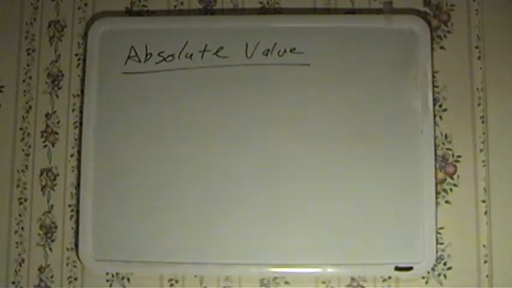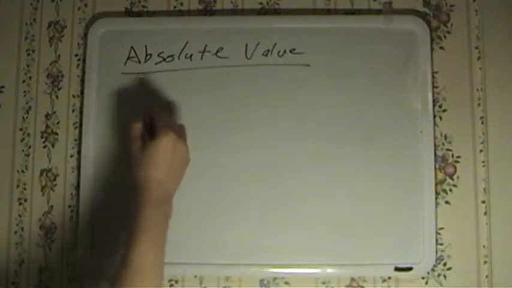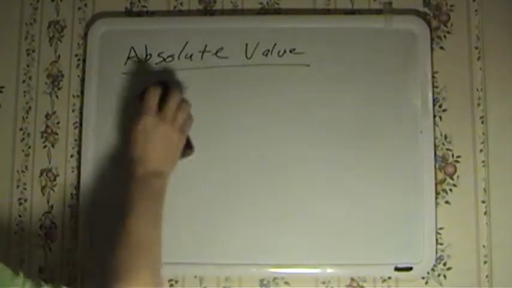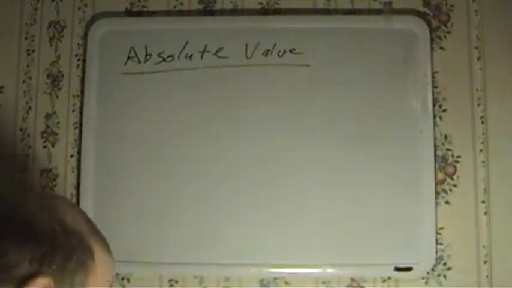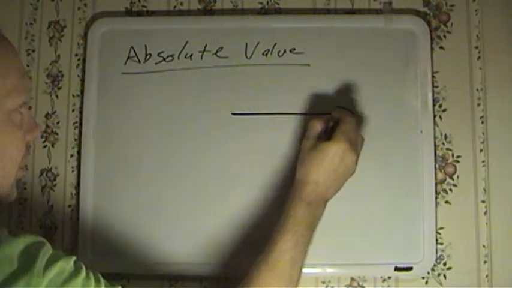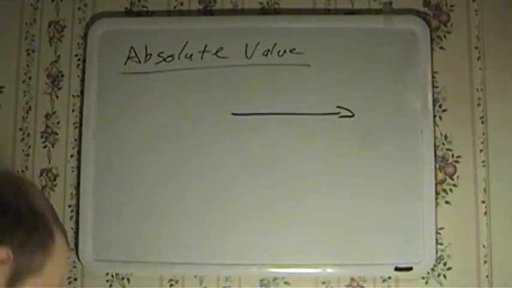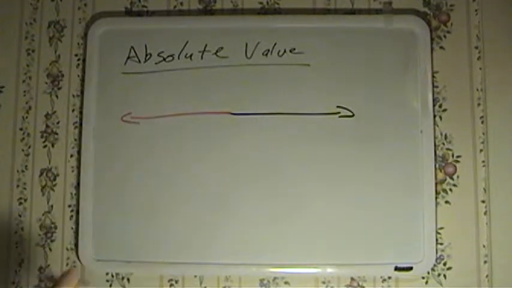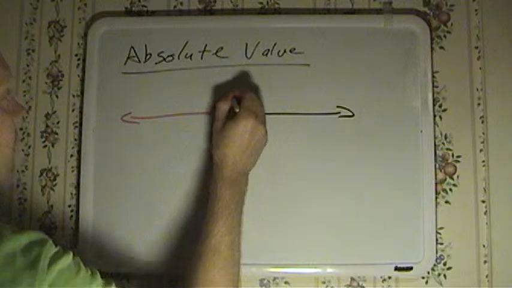So we're going to say that we've got a number here. Actually, let's start in a different spot. Let's look at our number line. Right here is 0.